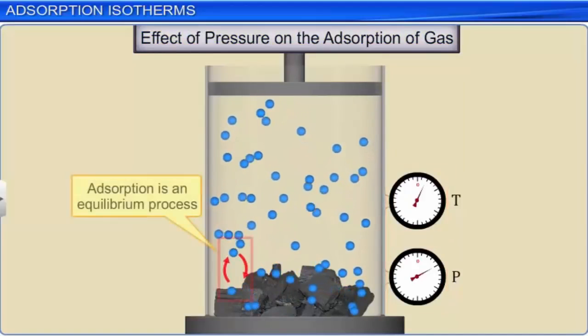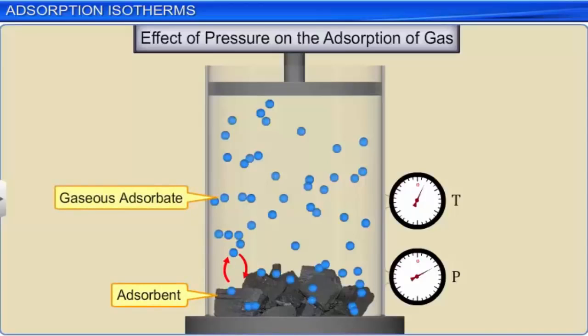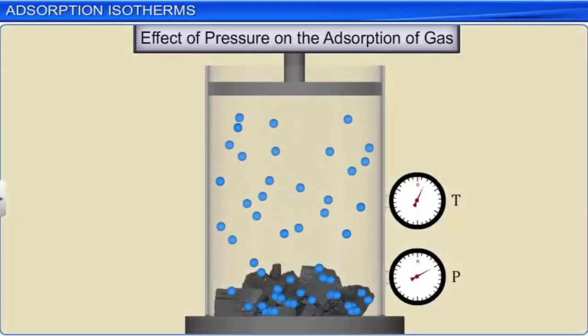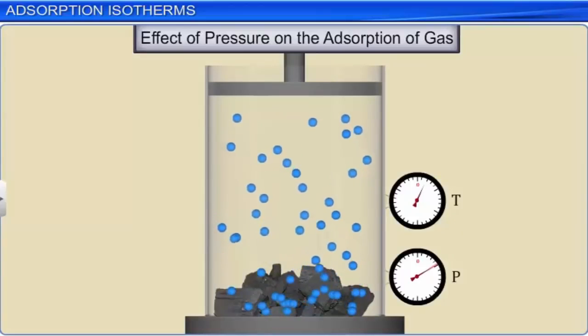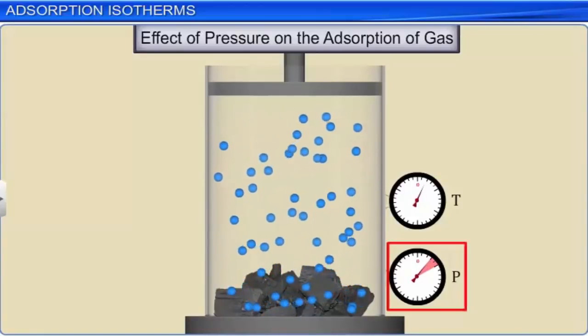Adsorption is basically an equilibrium process. In order to understand the equilibrium process, consider an adsorbent and a gaseous adsorbate in a closed vessel, placed at a particular pressure P. It is observed that due to adsorption, the pressure of the gas decreases initially and becomes constant after some time.